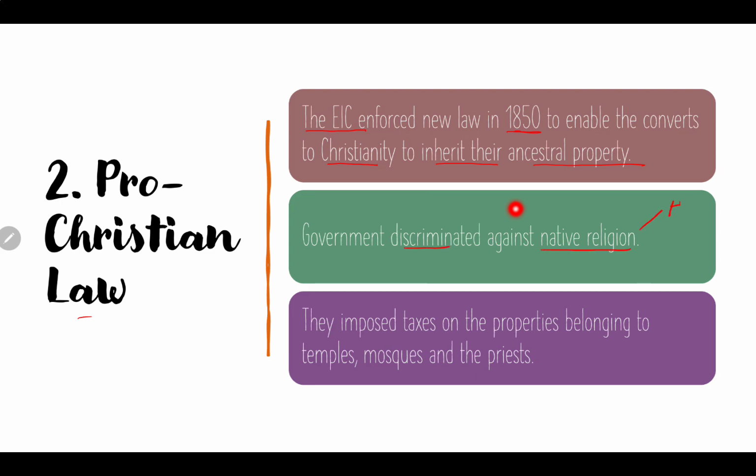Native means Hindu as well as Islam. They imposed taxes on properties belonging to temples, mosques, and priests. Whatever properties the temples, mosques, Brahmins, or Maulvis were holding, they imposed tax on those kinds of properties.